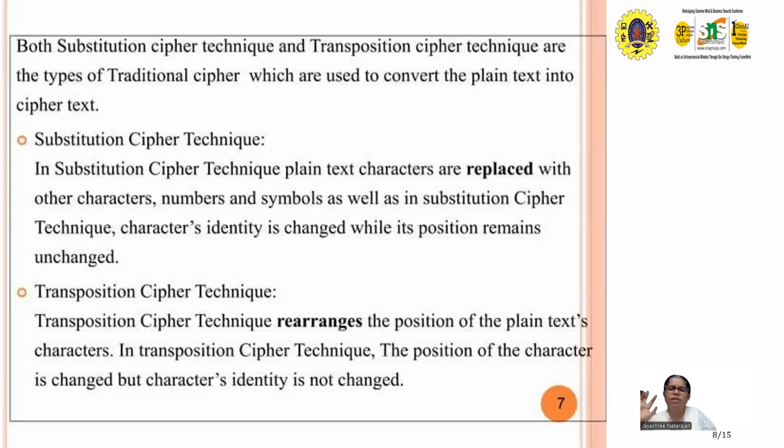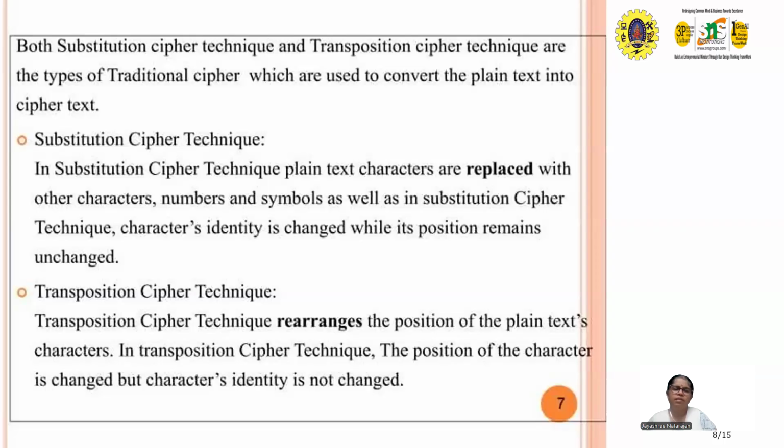In the transposition technique, the position of the letters is changed. If the position of an alphabet is located in a column, it is changed into a row, and if it is in a row, it is transformed into a column. That technique we call the transposition technique.